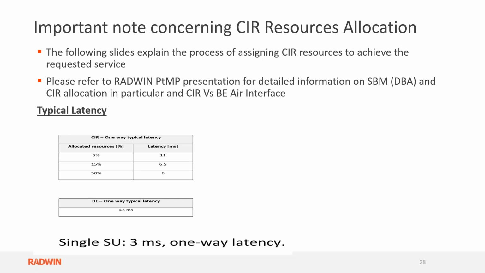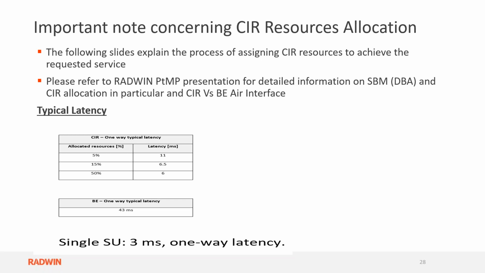Remember, there is a ratio between best effort and CIR to provide. The minimum resources for best effort customer is 1%. That is why the typical latency for best effort one way is 43 milliseconds. For a CIR customer it is between 6 and 6.5 milliseconds latency.